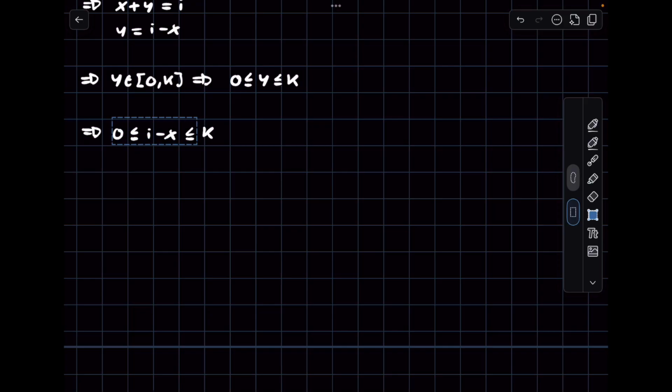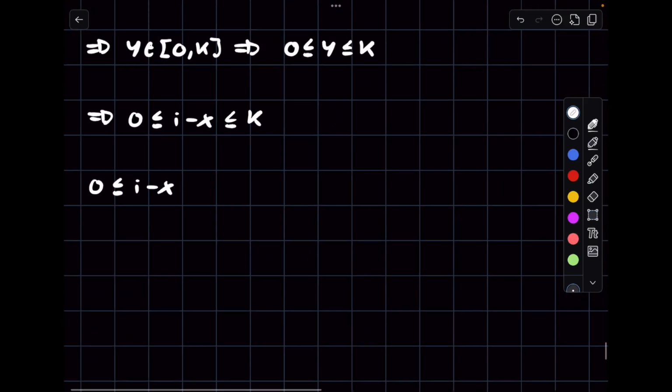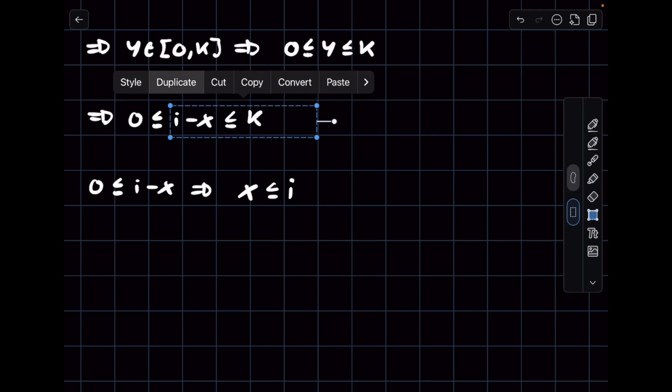So we start from the left side. Left side, what does it tell us? It tells us basically that x is going to be lower or equal to I. Right? That's the simple solution.